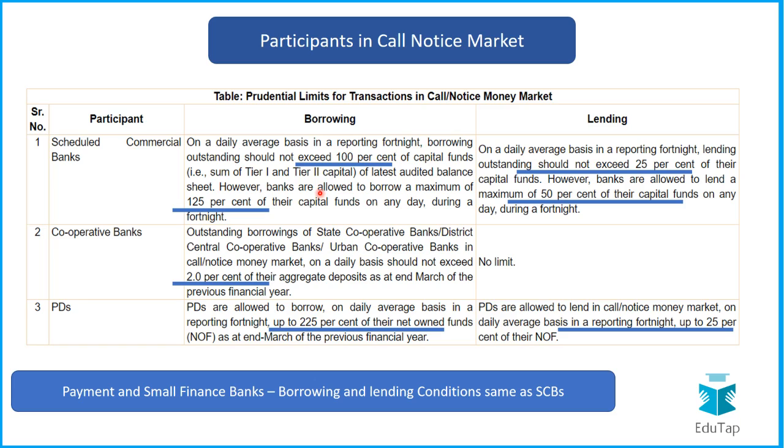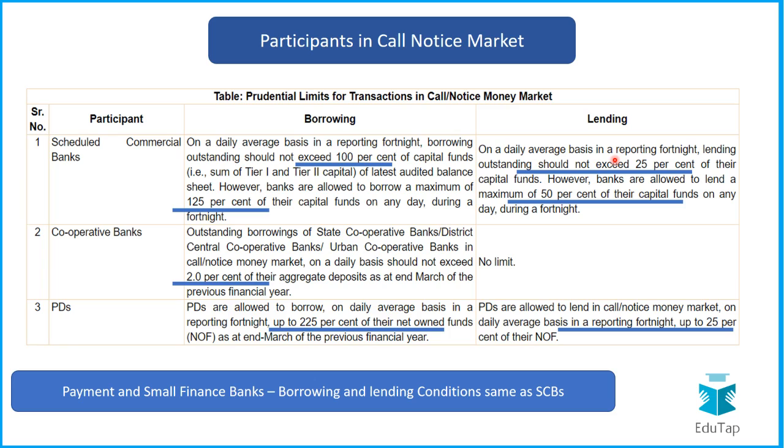But otherwise, if we neglect the average, in a single day they can borrow a maximum of 125% of their capital funds, right? Suppose on an average basis they do not do anything for the first 14 days, it does not mean that on the 15th day they can borrow a huge amount of money. On any single day, they should not borrow more than 125% of their capital funds, and on a daily average basis for 15 days their borrowing should not exceed 100% of the capital funds.